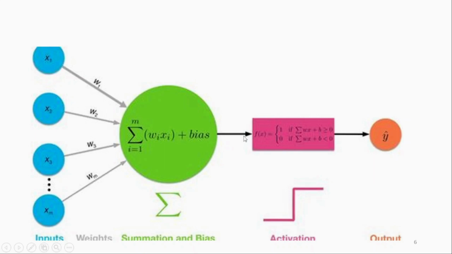This output is then passed to the next layer, and so on. So weight times input plus bias can be used to express the outcome.